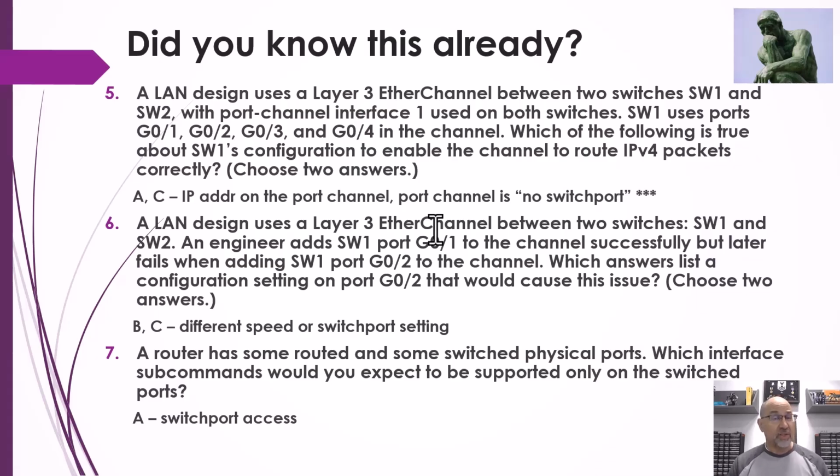Well, one of these goes all the way back to an earlier chapter. You can't bring up an EtherChannel when there's a different configuration between the two sides. So they have to be the same duplex and same speed. And remember that you're going to do the switchport or the no switchport. So if you did no switchport on one and you didn't do that on the other, that would cause the error as well.